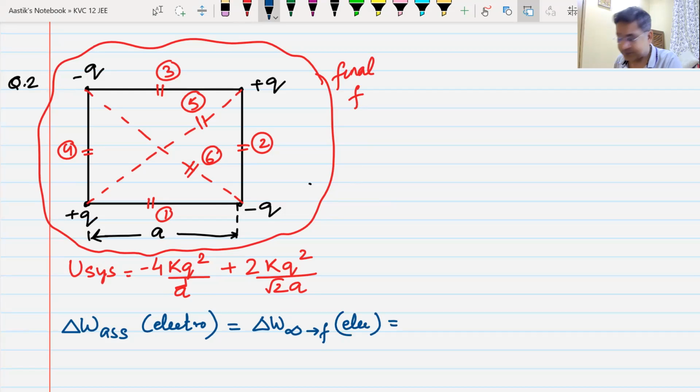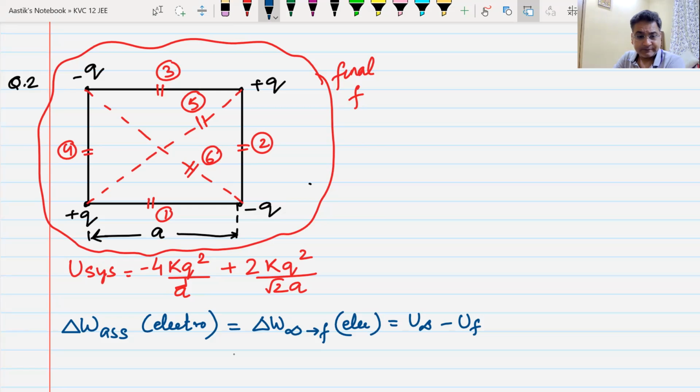So how do you get this? Work done from A to B by electrostatic force is UA minus UB. So it becomes U infinity minus U final. Do we understand how I have written this? Yes or no? This is from the previous way of writing work done by the electrostatic force.